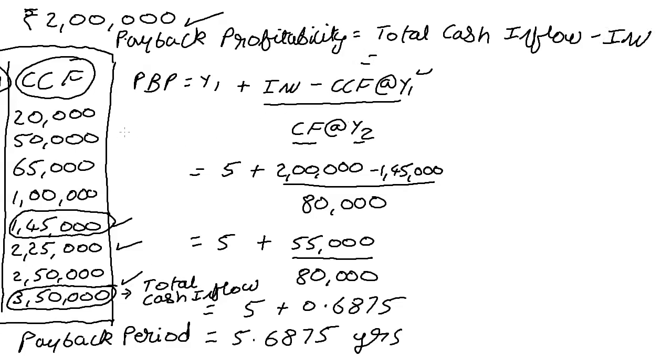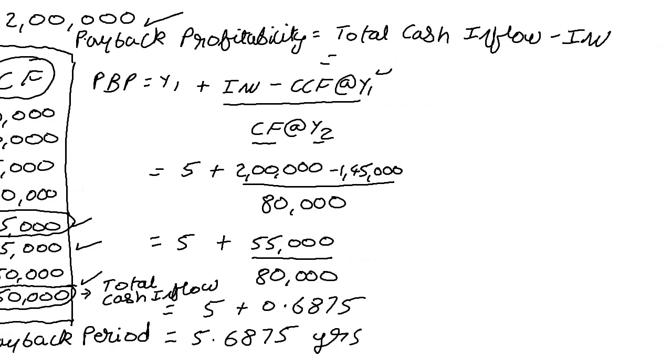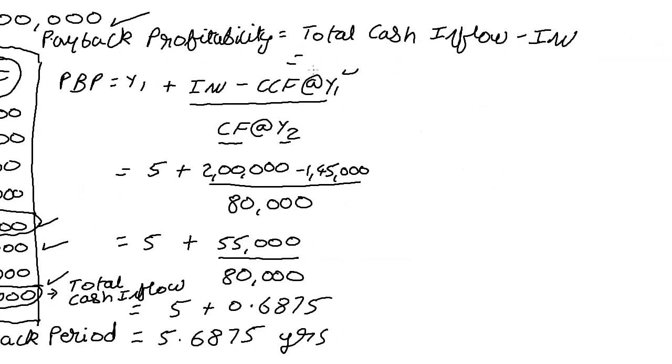If you want, you can check if you're correct: add up everybody here, from 1 all the way till 8, and you'll get the same number, 3,50,000. So in any case, we have total cash inflow as 3,50,000 and we have an investment.